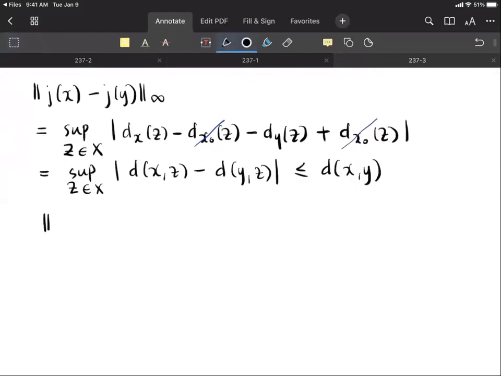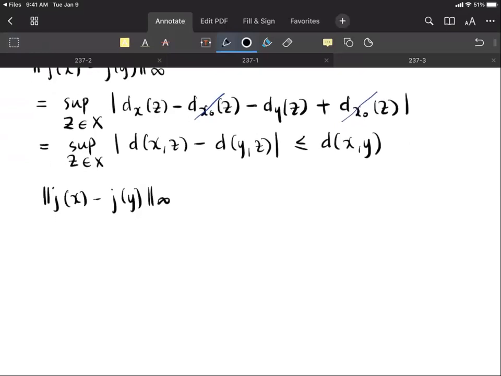This is done by taking a particular z. If we take z, for instance, to be x, since this is the supremum, therefore this is larger than a specific value.